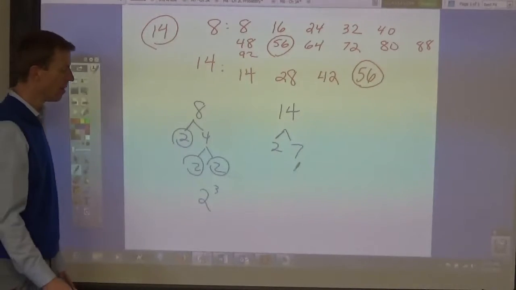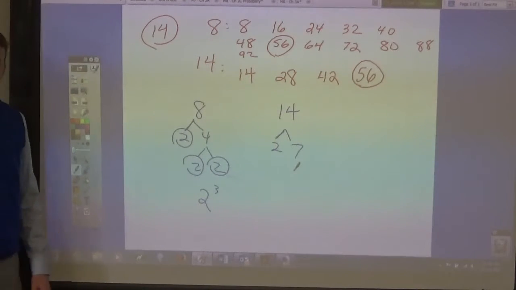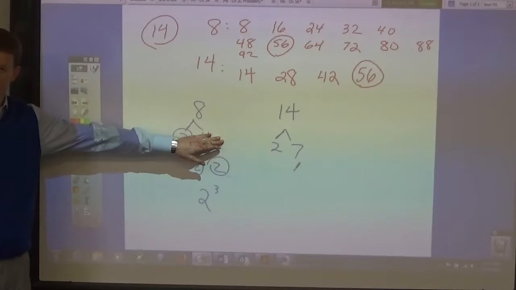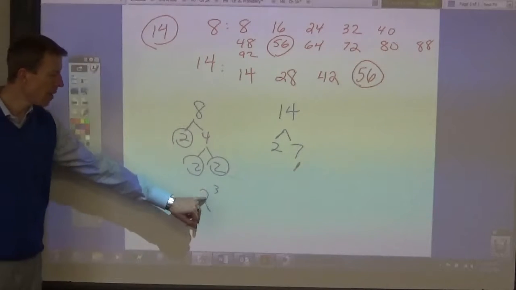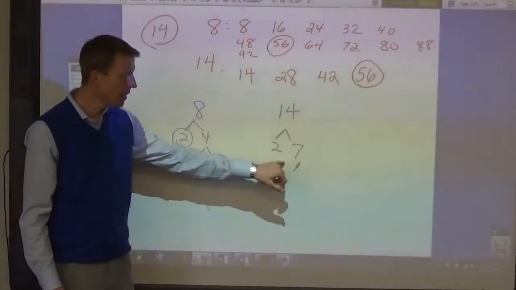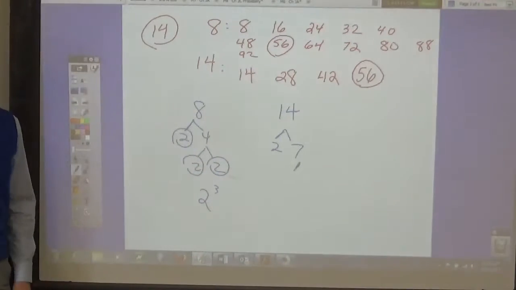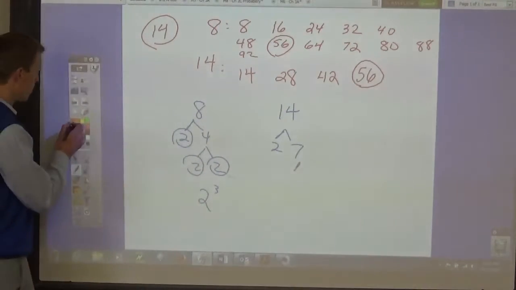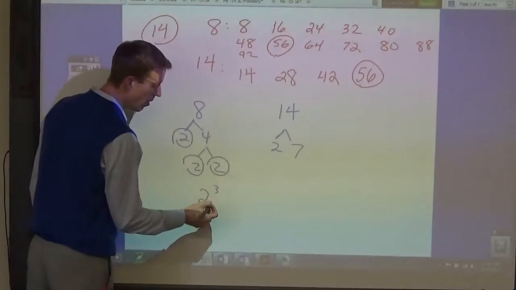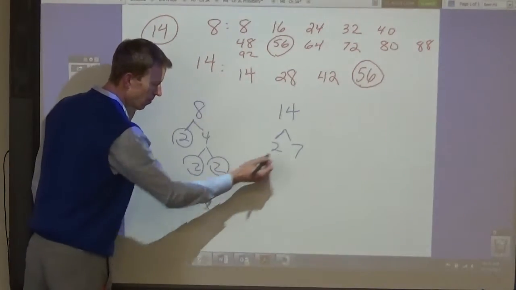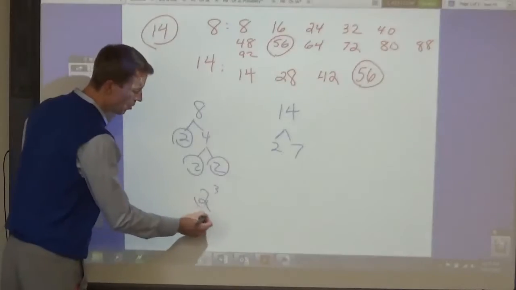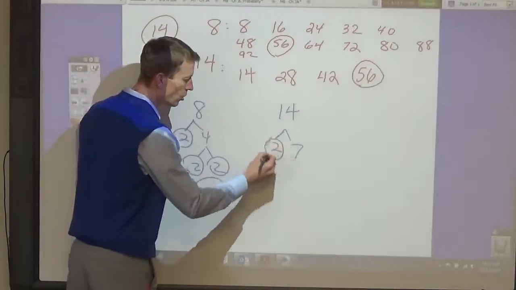Okay? Now, to find the lowest common multiple, you have to use the biggest power of each of the type of factors. So, you have to use the biggest power of, since there's 2 to the third power or a 2 to the first power.